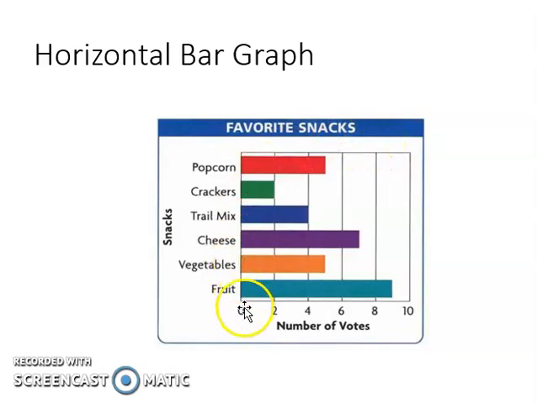Since you are asking what, you need to know the number. You need to know what is the most favorite snack of the students.